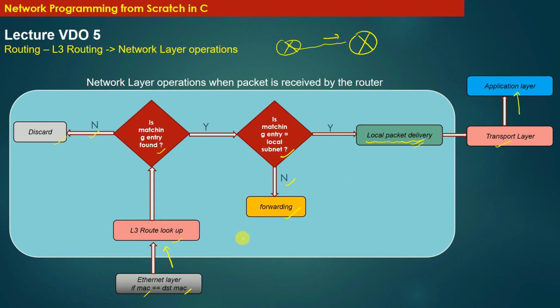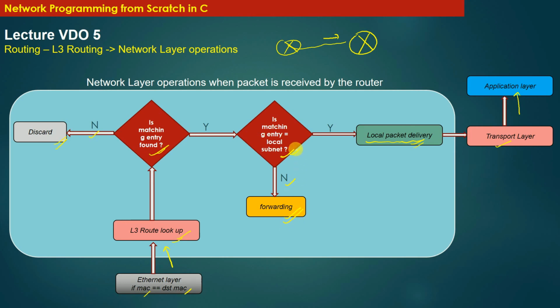So once again, the data link layer receives the packet, it hands over the packet to the network layer. The network layer performs the route lookup. As a result of the route lookup, a matching entry is found or not. If the matching entry is not found, the packet is discarded. If the matching entry is found, then the next thing the router does is check whether the packet is destined to one of its local subnets. If the packet is not destined to one of its local subnets, the router decides to forward the packet.